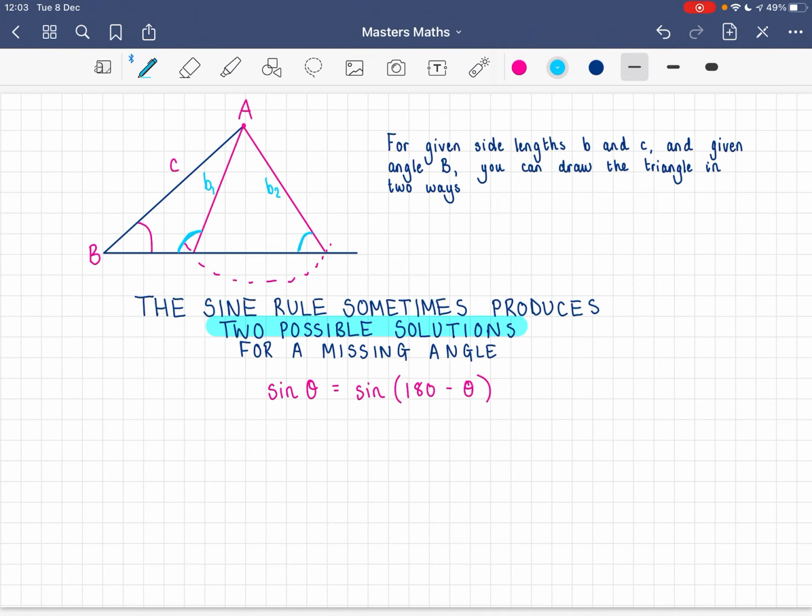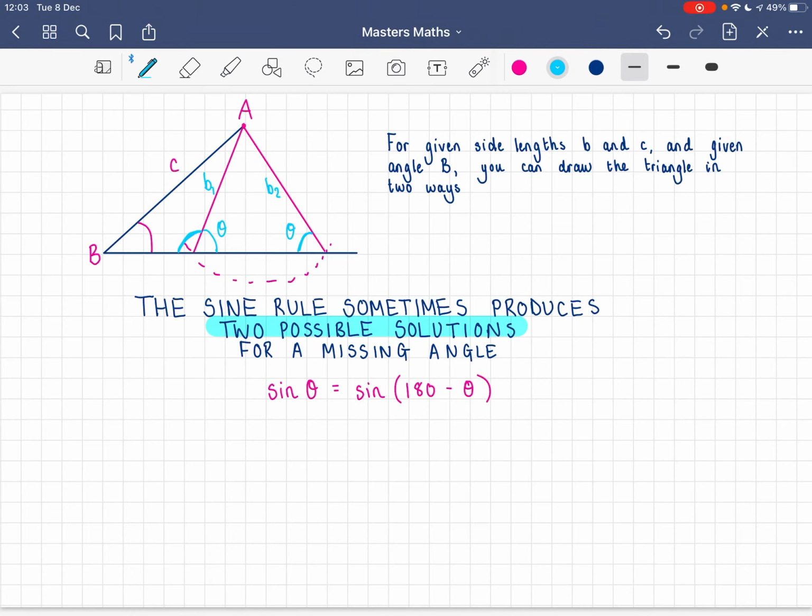So if this angle was, say, theta, then because this is an isosceles, this would also be theta, right? Because it's isosceles, it would be the same. Base angles in an isosceles triangle are the same.